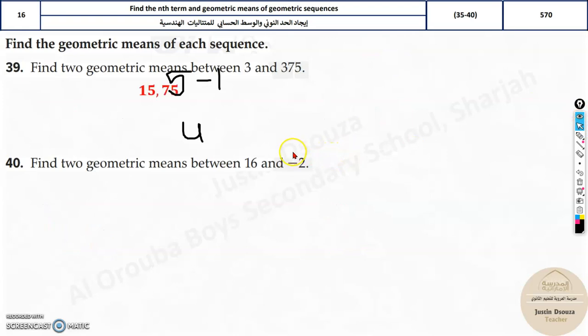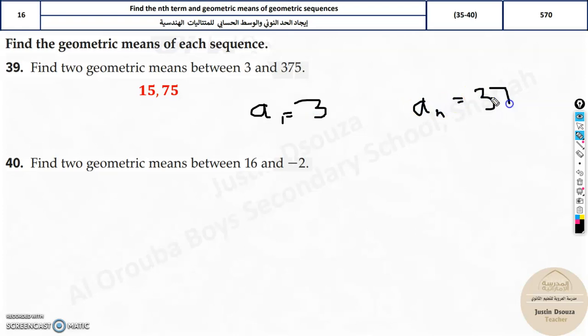Now here, how many geometric means are there? Two. That means a_1 is 3, a_n is 375. All you need to do is put it in the formula and solve. It will be 375 equals 3 r to the power... Now, there are four terms: two geometric means and the starting and the last term.